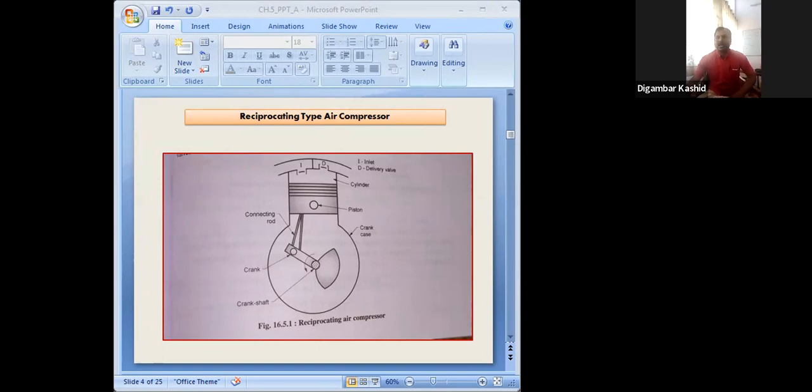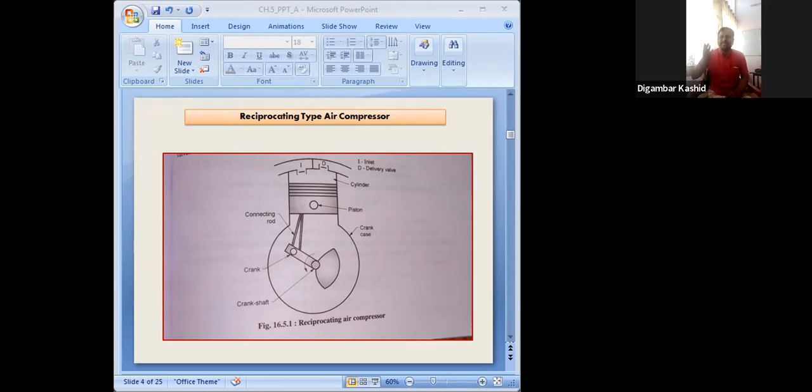Getting it? That electric motor normally supplies the rotary motion. The crankshaft of this compressor is connected, maybe by a belt and pulley arrangement, to your electric motor.